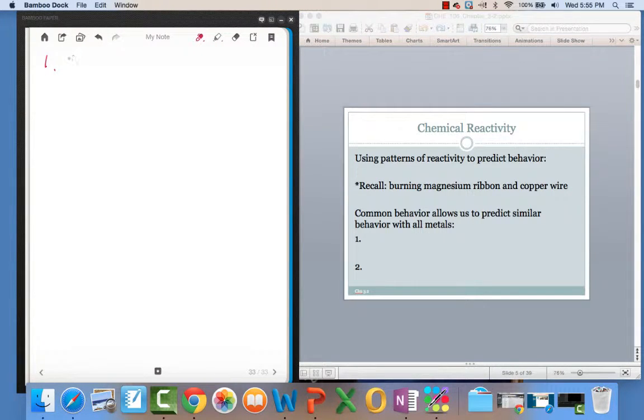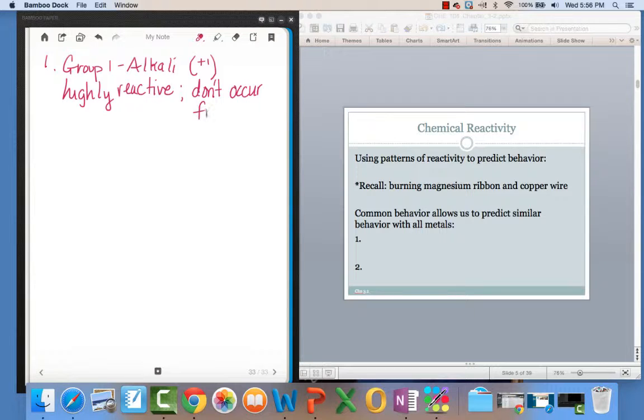So the first thing is group 1 metals, which are our alkali. They have a +1 oxidation state, and they are highly reactive. And the biggest thing about them is that they don't occur freely.